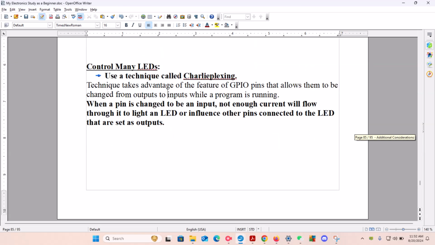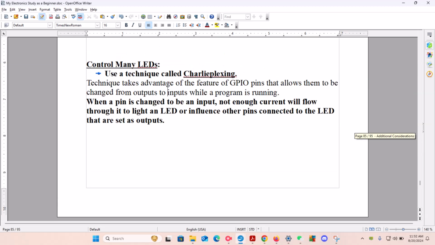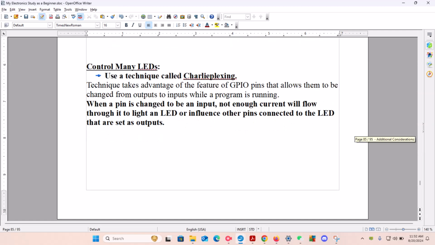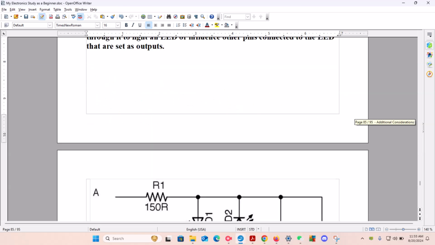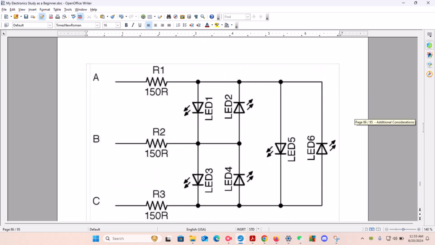I won't go into the programming or configuration so much, but it can regulate or customize how this works in terms of its settings. When a pin is changed to be an input, not enough current will flow through it to light an LED or influence other pins connected to LEDs that are set as outputs.